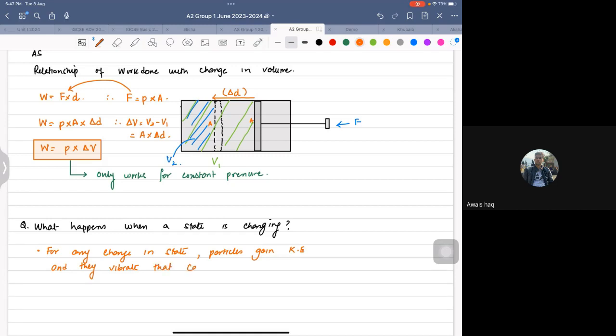That causes them to go beyond their bond lengths, so they keep on vibrating. When they go beyond their bond lengths, that's when they can overcome those forces and they can turn into liquid or a gas or vice versa. Right?